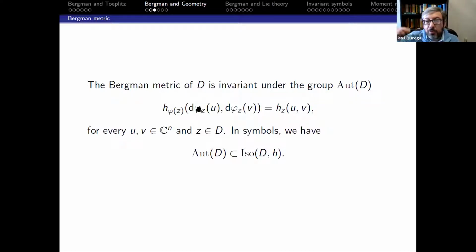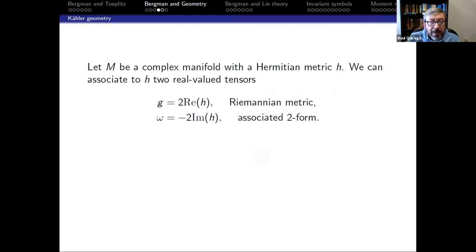You take the differential, move around the tangent vectors, you preserve the inner product. In symbols, this can be written like this. The automorphism group, just the biholomorphisms, is contained in the isometry group of this Hermitian manifold. So right away, you get some geometry from the different spaces.